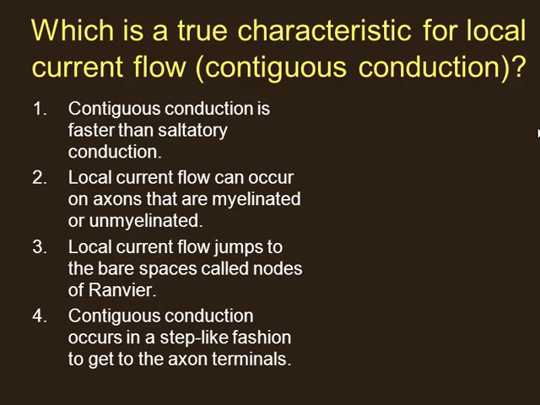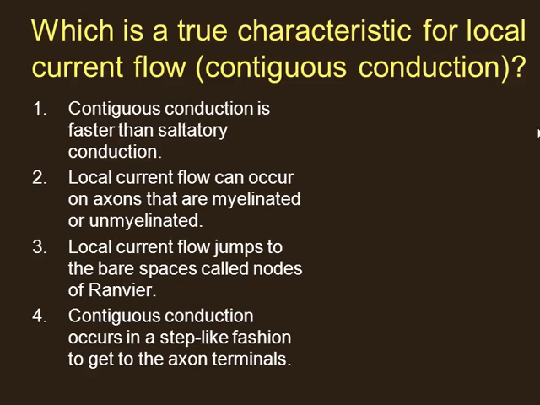So if I asked you a question like this, which is a true characteristic for local or contiguous current? How about one? Contiguous conduction is faster than saltatory. Heck no, that one's false. How about number 2? Local current flow can occur on axons that are myelinated or unmyelinated.